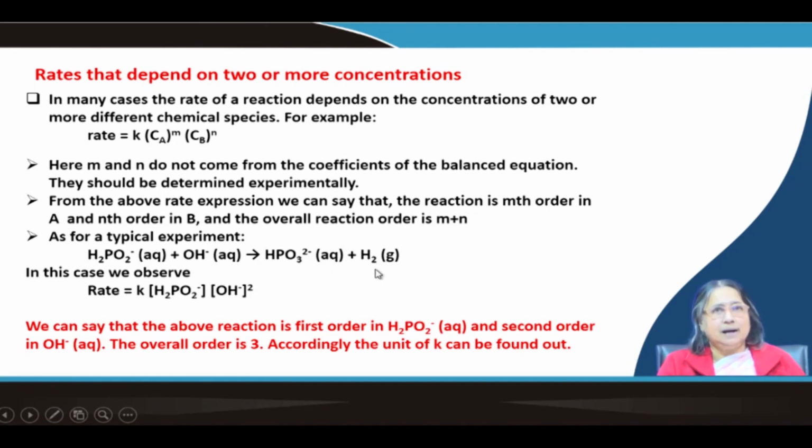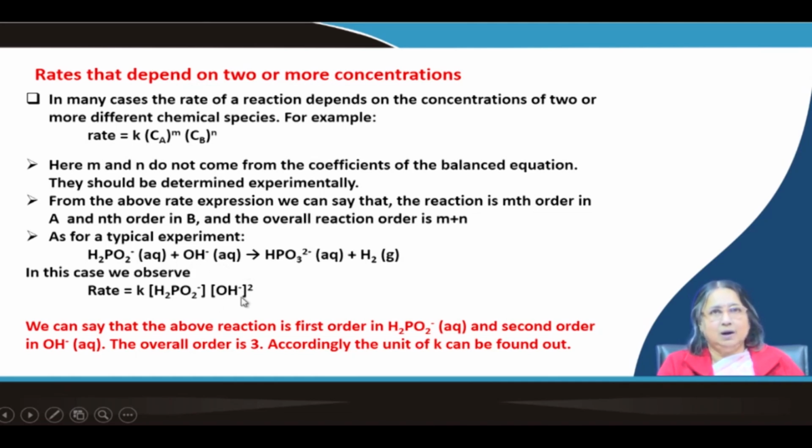Experimentally it has been observed that the rate expression is k times H2PO2 minus to the power 1 and OH minus to the power 2. You cannot tell just by seeing the equation what the order will be.